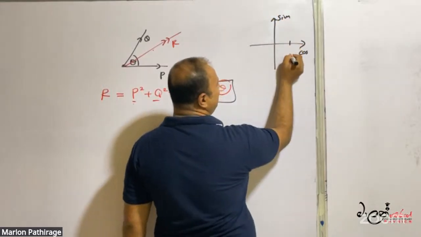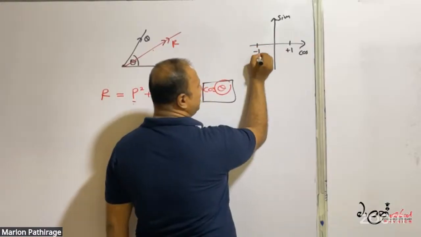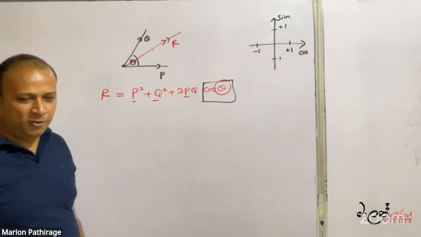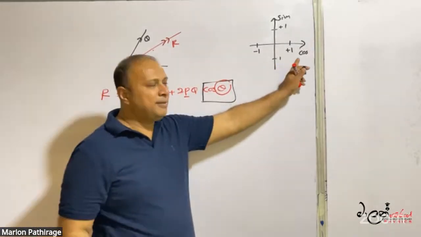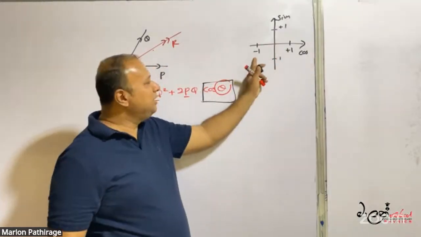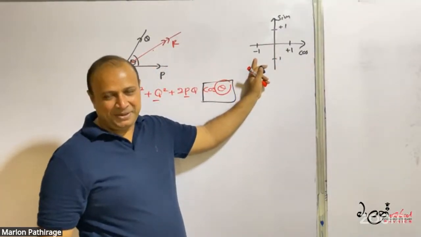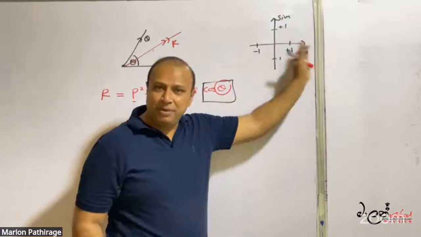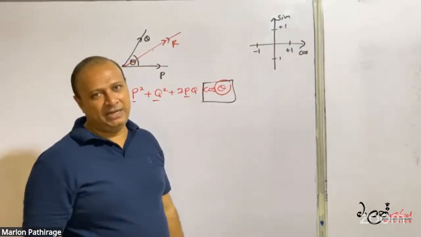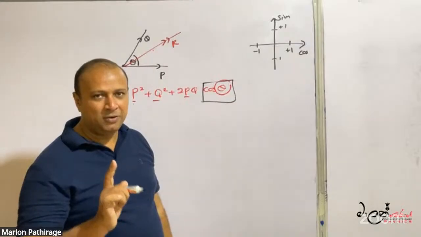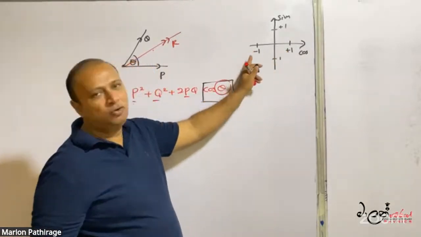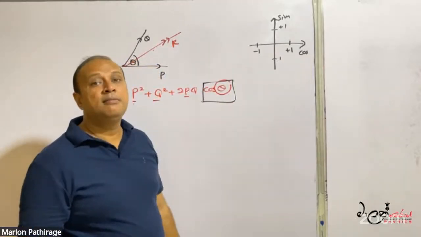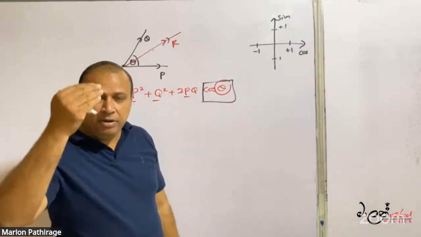The cos value varies from +1 to -1, so the maximum cos value is +1 and the minimum cos value is -1. Any cos value cannot go beyond +1 or -1. Not only cos, the sine value also varies from +1 to -1.